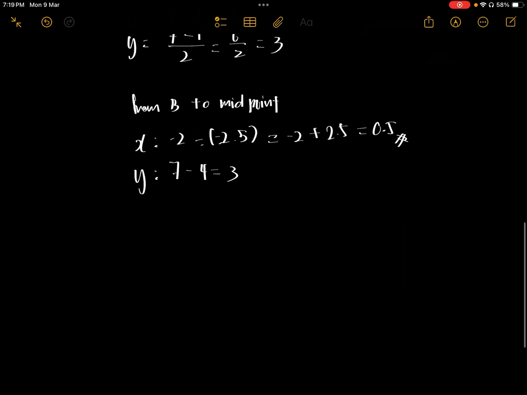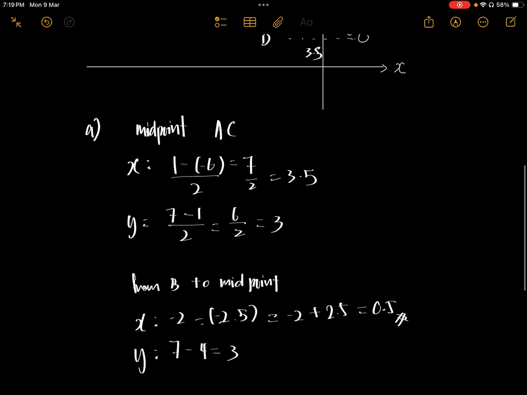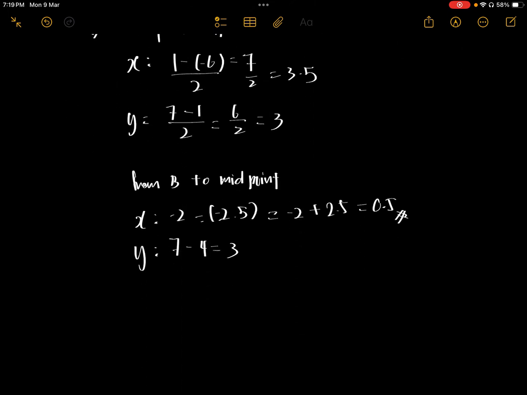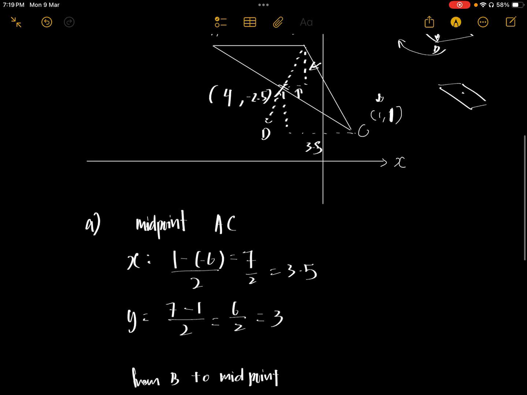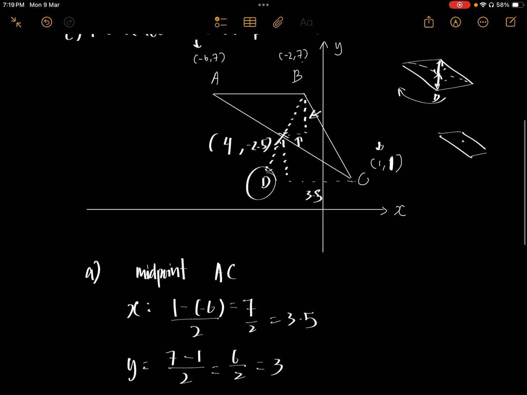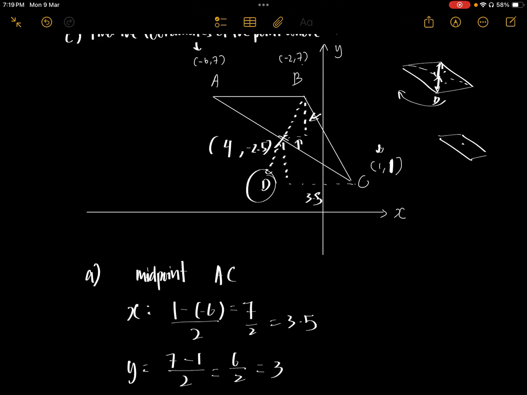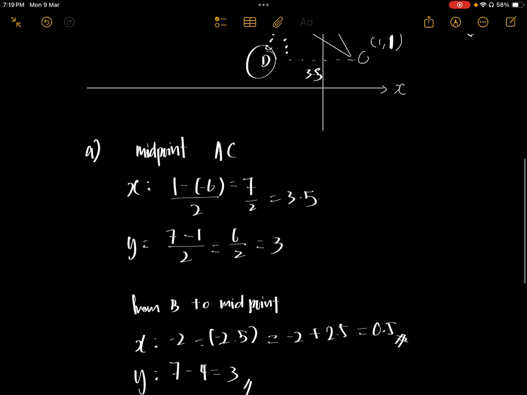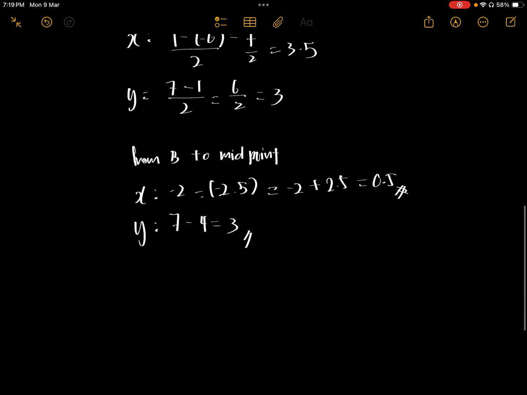So now what do you have? You have an x difference of 0.5 and a y difference of 3. To make it into D, we have to do the same difference from the midpoint this time.